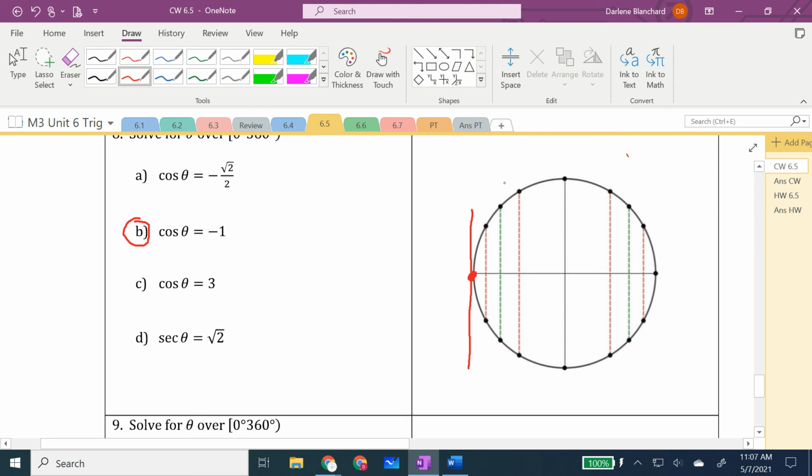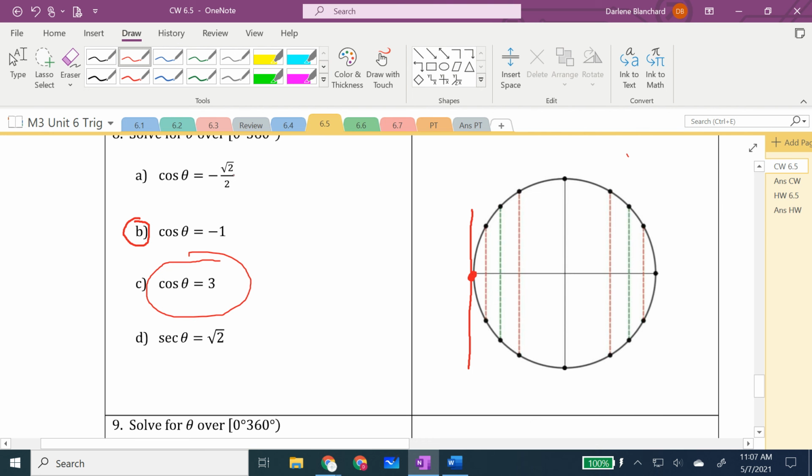Again, this is a rare time. Usually when I draw a vertical line, it either is going to cut the circle and run into it 2 places or run into it nowhere. This is running into it only at 1 point, and that's 180 degrees. And that's the only answer between 0 and 360.